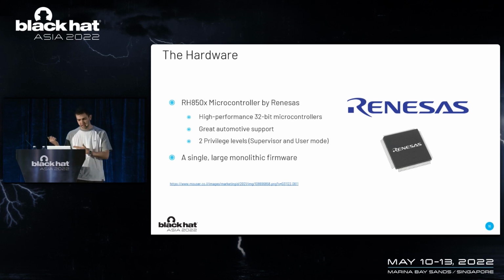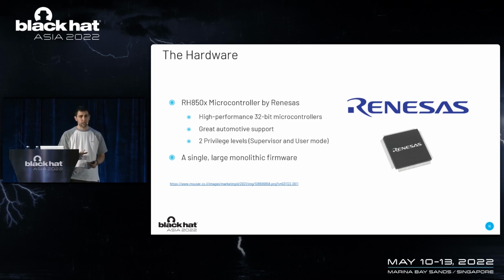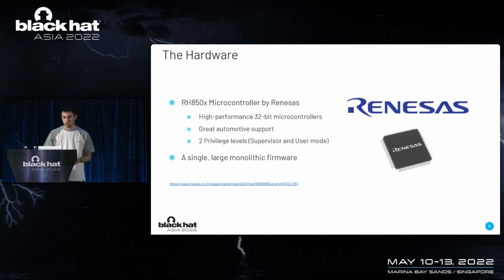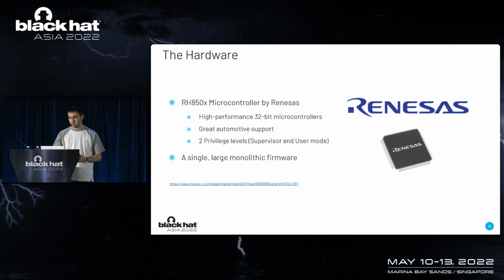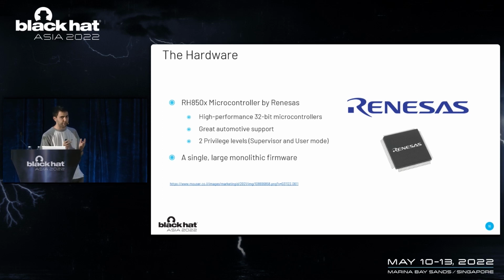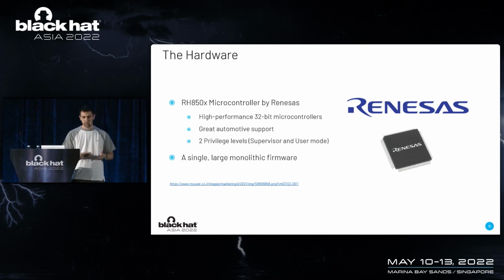This microcontroller specifically has two privilege levels, the supervisor and the user mode, which is kind of like what we know from x86 with the rings, and the privilege levels on ARM. One last thing is that this microcontroller runs a bare metal monolithic firmware, which once it is compiled and flashed, is running there forever until, of course, it is updated, which is not that easy, as we know.